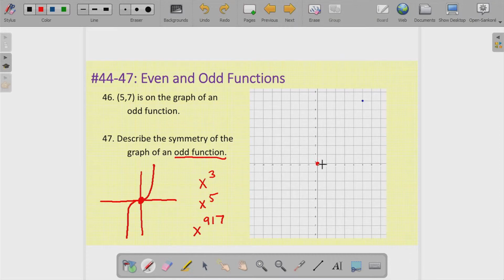So knowing that this graph is odd, we've got the ordered pair (5, 7). And knowing that this graph is symmetric with respect to the origin, we can go over here to (-5, -7).